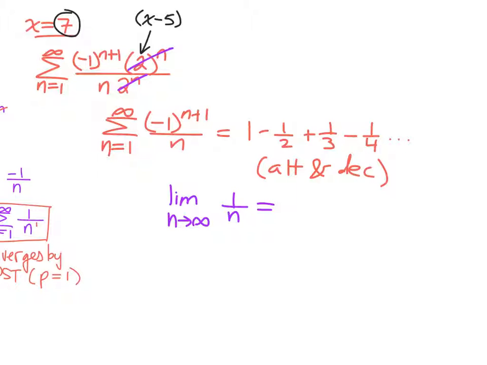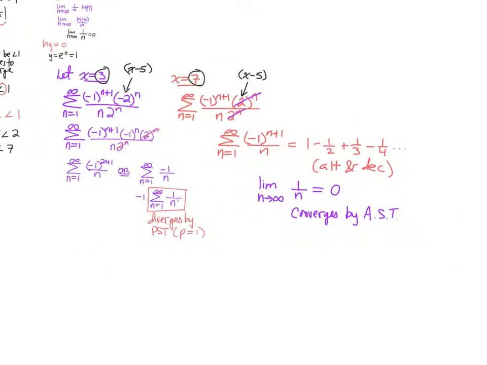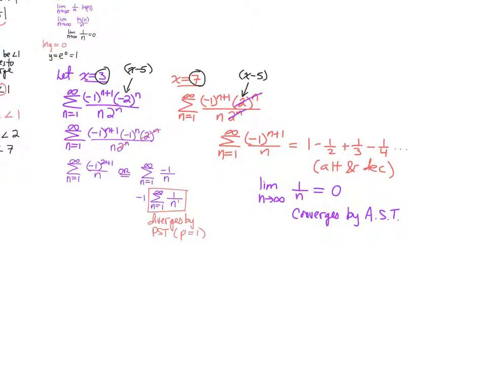And they're going to give us opposite conclusions, because the limit as n approaches infinity of 1 over n would be what? 0. So this converges by the alternating series test. So you're looking at two very different outcomes, although your expression is exactly the same.